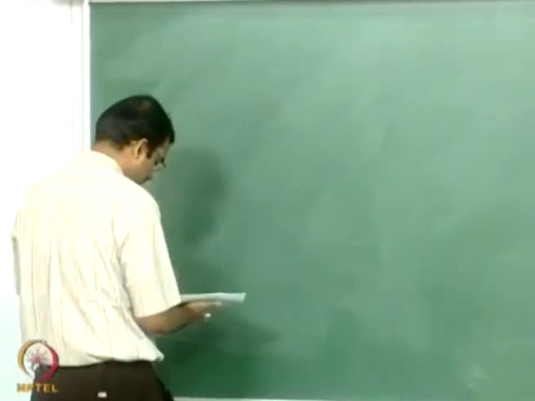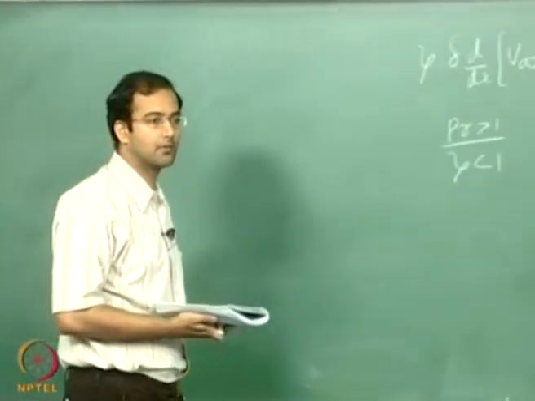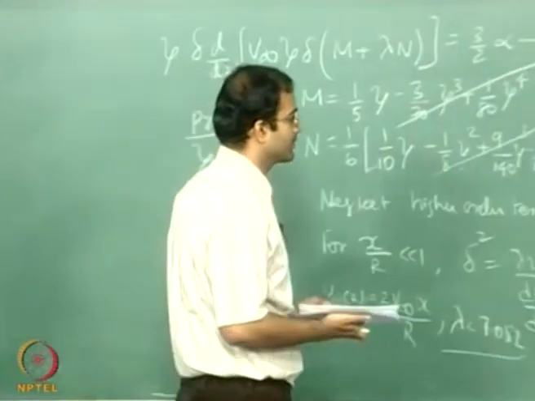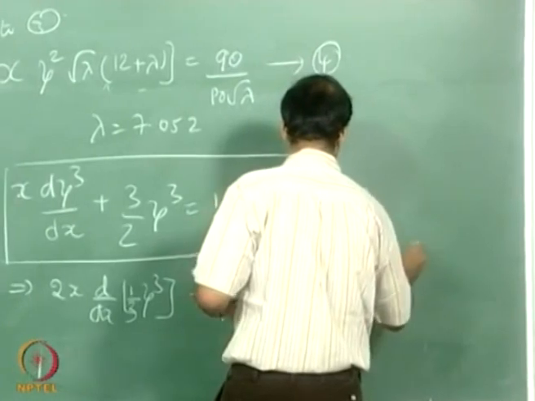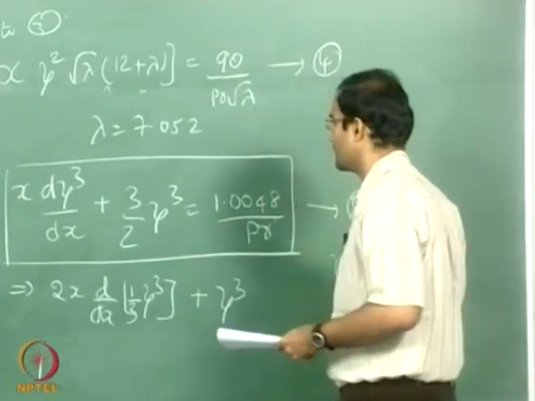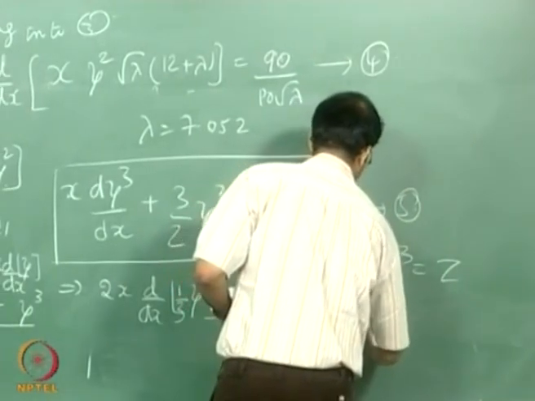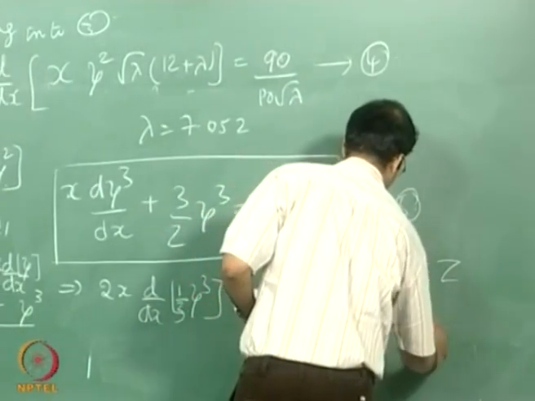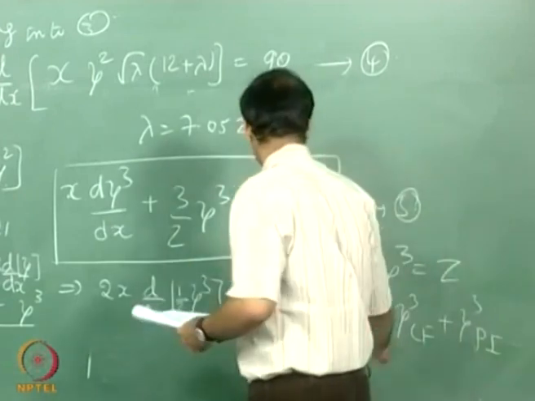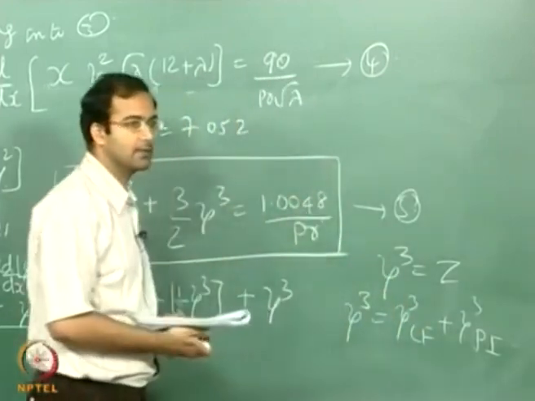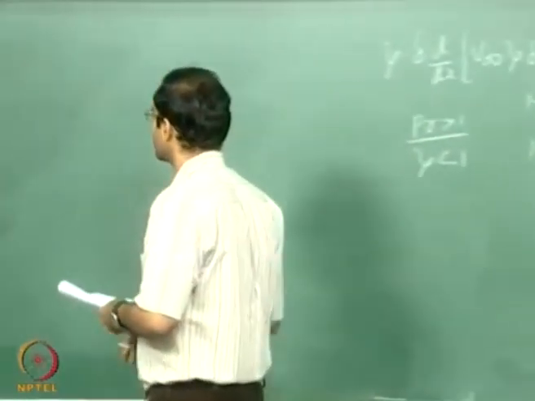Now you have to tell me what is the solution to the homogeneous part of this ODE. All of you take a couple of minutes. You can assume some zeta cube is equal to something like p or z, and you can say that your zeta cube solution will be zeta cube complementary function plus zeta cube particular integral. So this is the solution to the homogeneous part of the ODE.